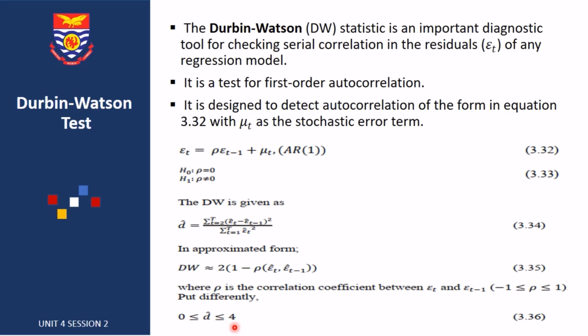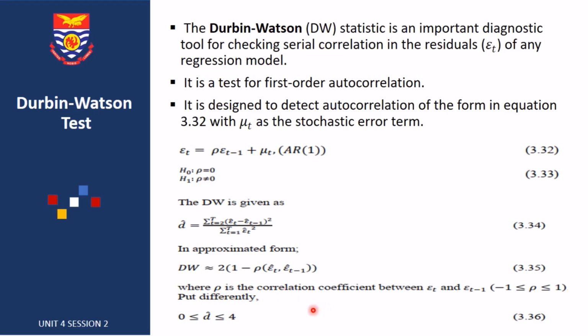At the extremes, when the correlation coefficient rho is equal to 0, we will have a Durbin-Watson value of 2, which indicates that there is no autocorrelation.